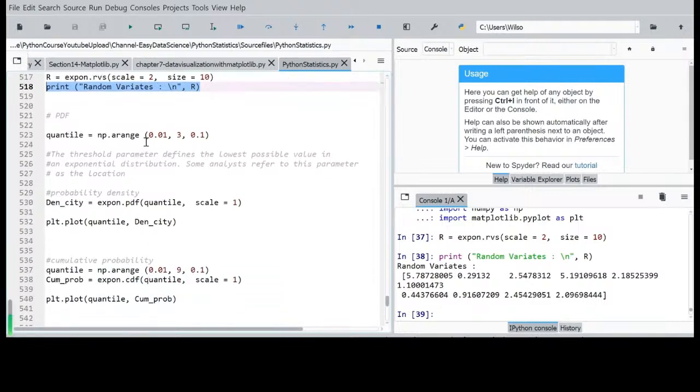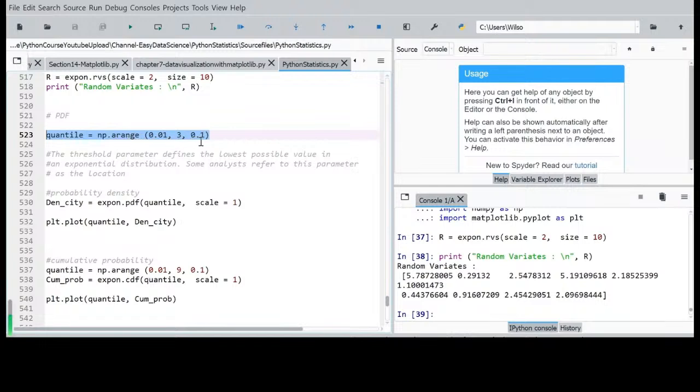Next we will create the probability density from values of the exponential random variable. We create a series with np.arange, about 30 values between 0.01 and 3 with the gap 0.1.